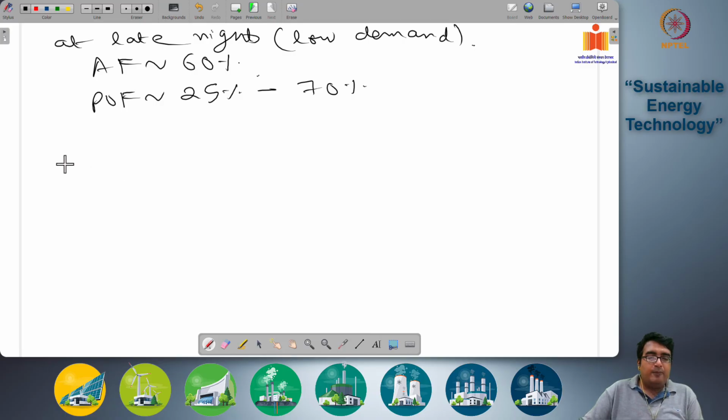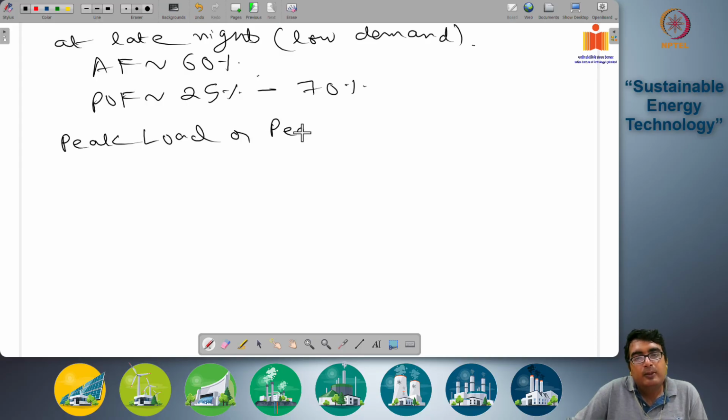The third type of power plants are peak load or peaking power plants.